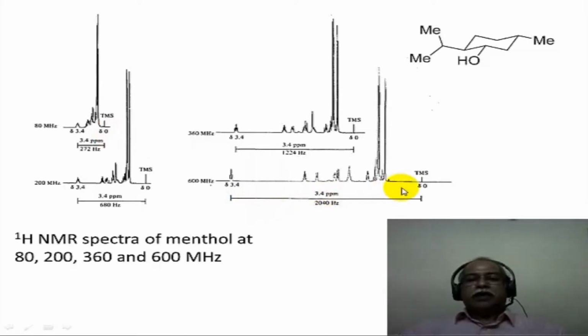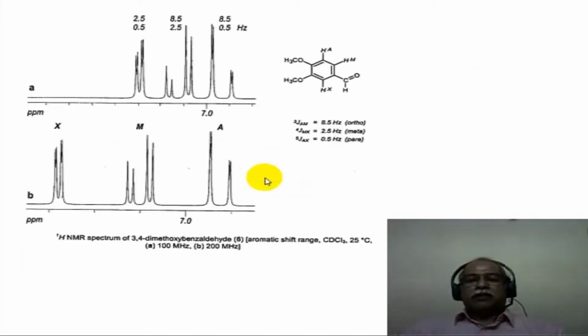So, the spectrum is well spread out, which means that delta between any two hydrogens will be much larger, with J values being constant going from 80 MHz to 600 MHz. The delta divided by J ratio keeps increasing as you go from 80 to 600 MHz. So, this is the advantage of recording the NMR spectrum in a high frequency spectrometer, because it simplifies a second order spectrum into a first order spectrum.